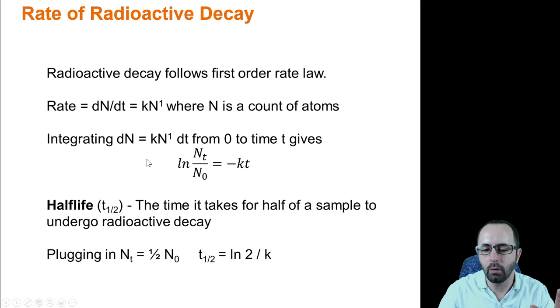But the result of integration from time 0 to a certain time t gives us this formula, which I'll provide you if you need it. But it says the natural log of the radioactive material at time t divided by the radioactive material at time 0, the initial radioactive material, equals the negative of the rate constant times the time.